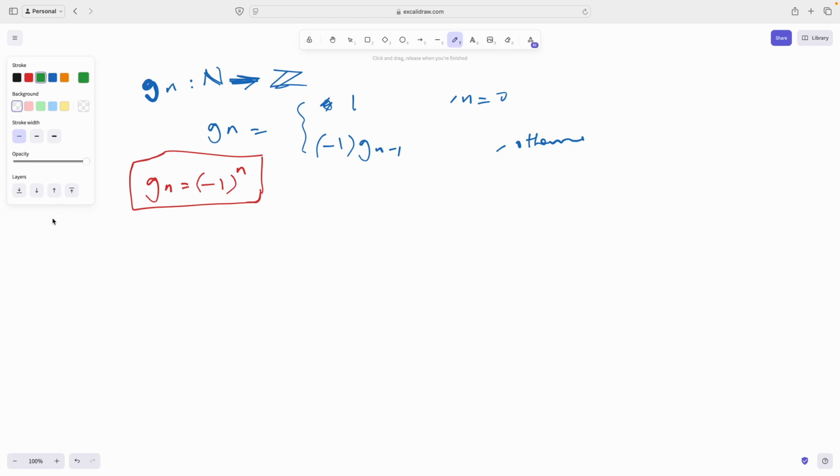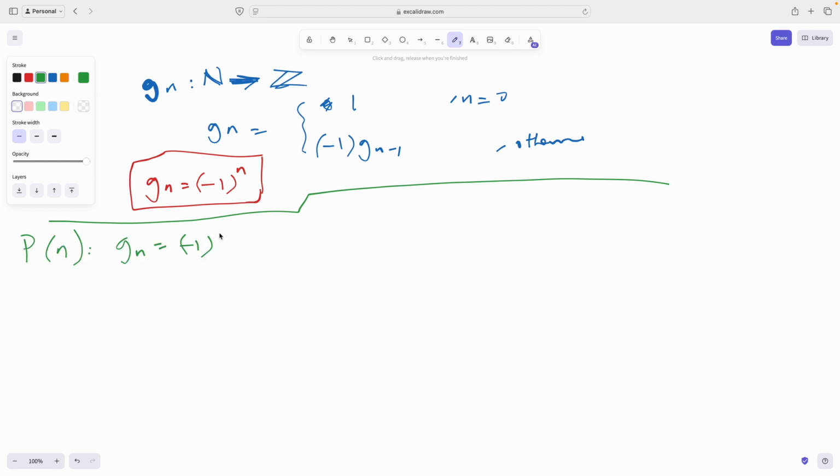So it won't surprise you that we're going to try induction. So if you've got a proposition P(n) which says that g(n) equals (-1)^n, that's what we're trying to prove, and we do that by induction, which means we have two things to prove: a base case that P(0) is true, and then an induction step that P(n) implies P(n+1). We'll do that next.